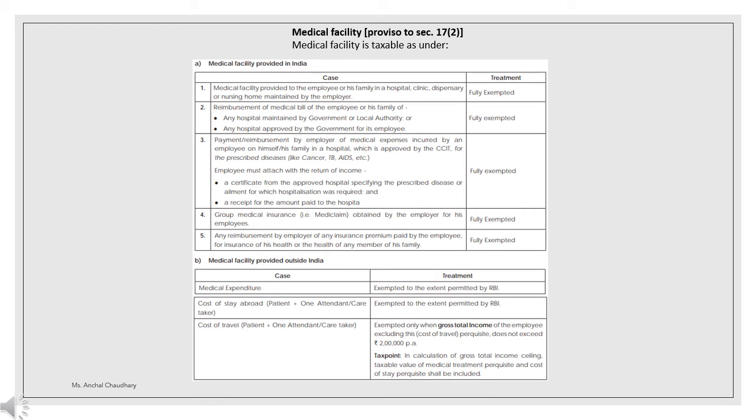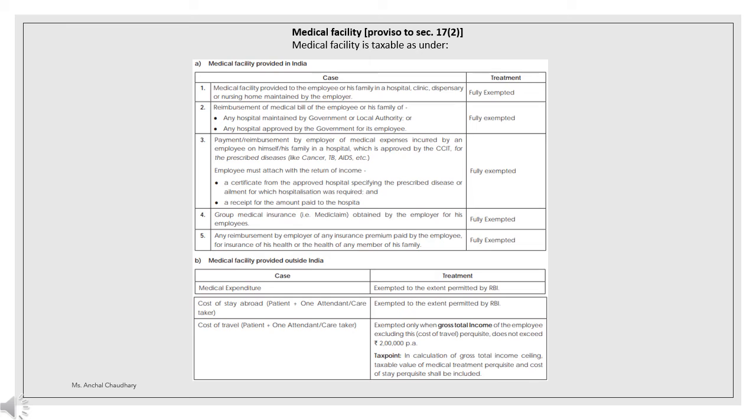Medical facility. Many times employees also get medical facilities. So to calculate the value of perquisite, we have to go through the medical facilities and look at the expenses incurred by the employer. First, medical facility provided in India only.